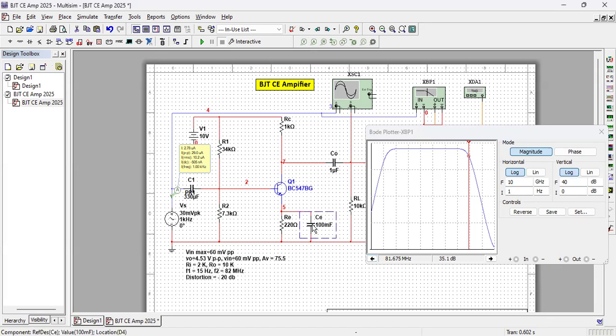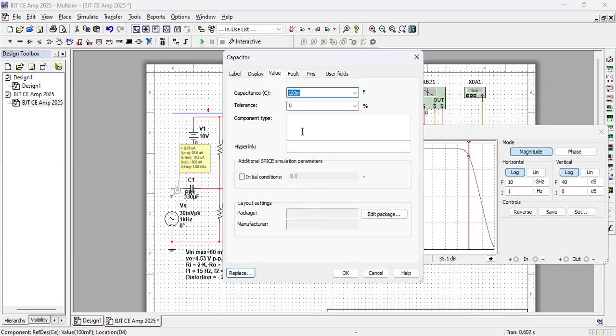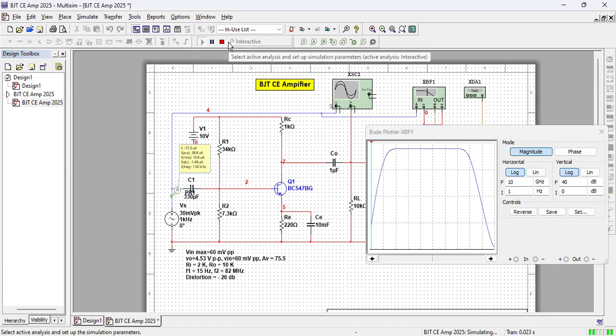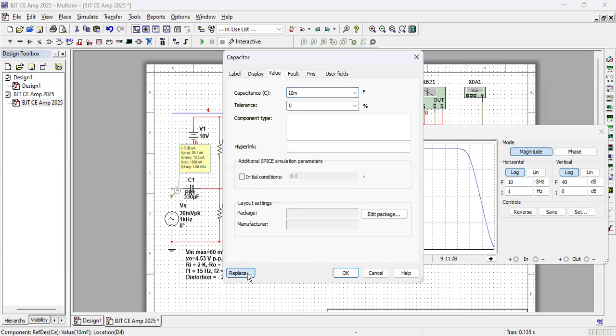Let me make this 100 millifarad. Let me reduce this to 10. Here it is 100. Let me make it 1 microfarad.